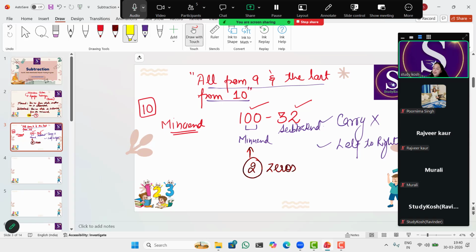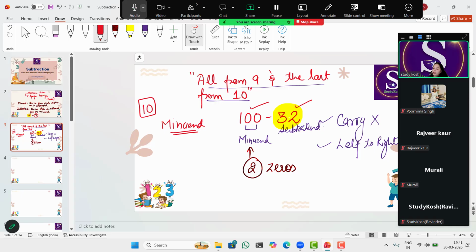So firstly we need to check the number of zeros of our minuend and the number of digits of our subtractand. If they are the same, directly we'll apply all from 9 and last from 10. So here, for this 32, I'll take all from 9 and last from 10.